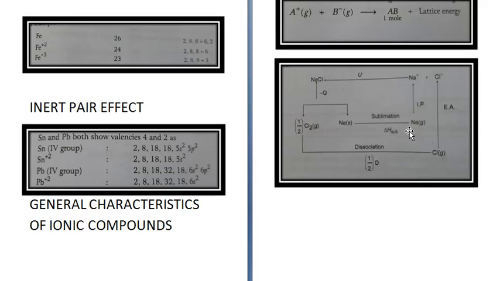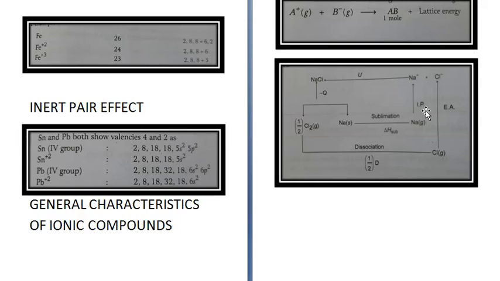Second step, gaseous sodium atoms change into sodium ions, and in this case ionization potential is being used. So the ionization potential, the energy which is changing gaseous sodium into ionic sodium, is plus 495.8 kilojoules per mole.